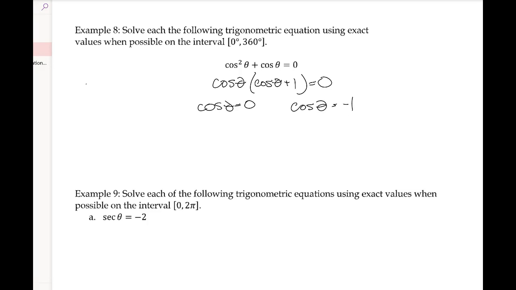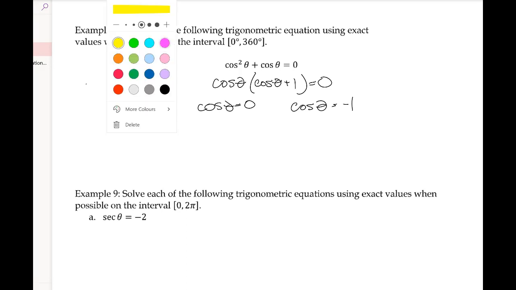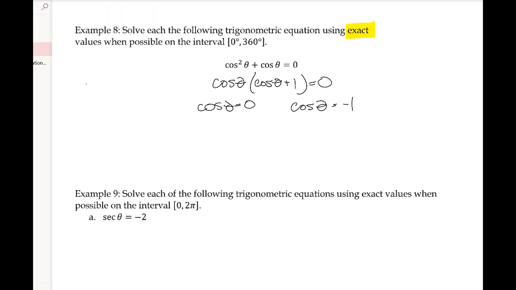And from here, I can 100% use exact values. These are on the unit circle, and I can talk about it in degrees. So cos theta, again, that's my x value on my unit circle. When x is equal to 0, that happens twice.